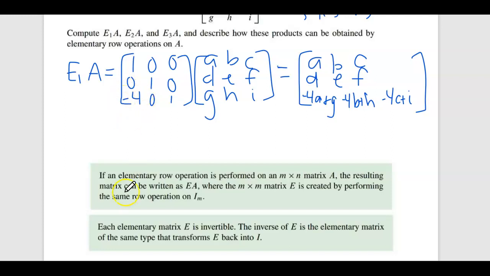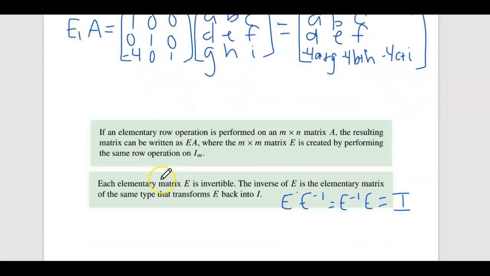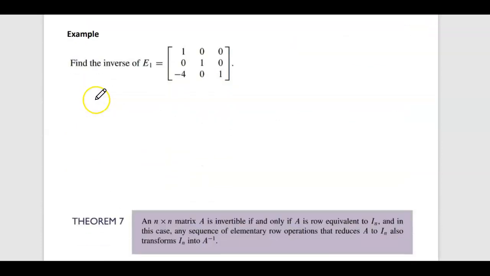Each elementary matrix is invertible, and the inverse of E is the same type of transformation that takes E back to I, meaning E times its inverse is the same as its inverse times E, and all of that gets you back to the identity matrix. So let's go ahead and find the inverse of E1.